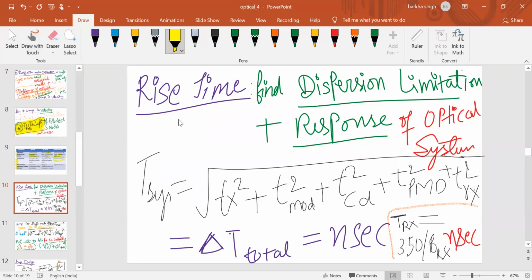Let's see the rise time. Rise time is used to find dispersion limitation and response of optical system.